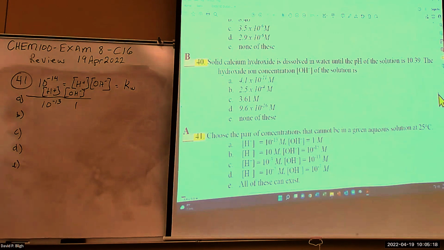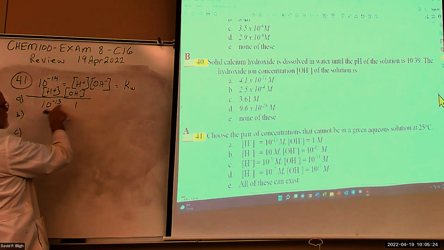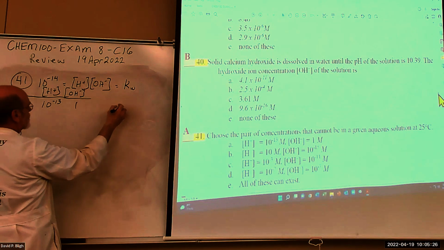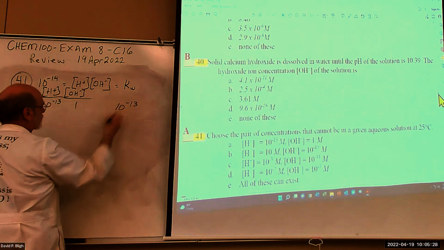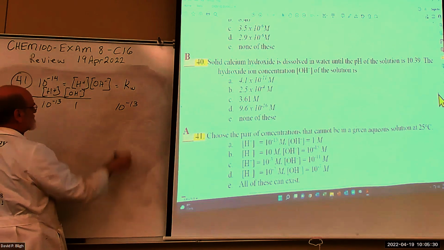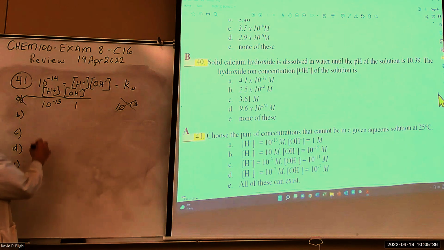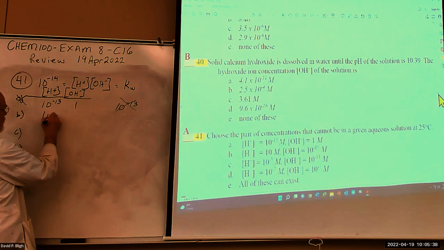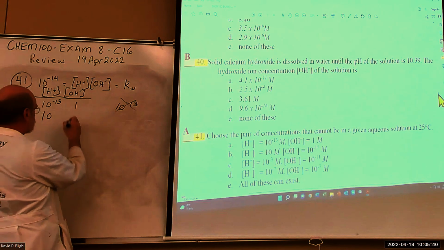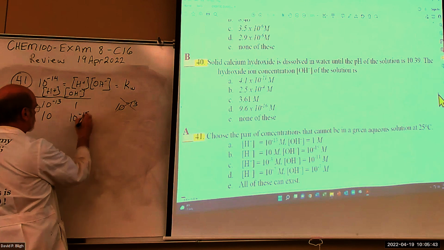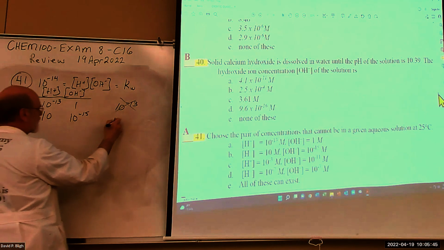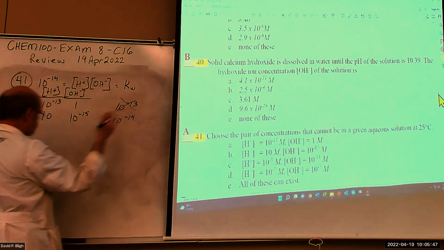Is that possible? Well, it would have to be 1 times 10 to the minus 13, which would be 10 to the minus 13. That's wrong. Can't be. How about this one? 10 molar and 10 to the minus 15. This one times this one will be 10 to the minus 14. That's true.